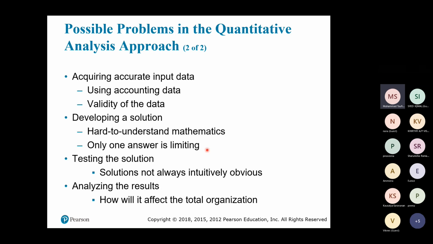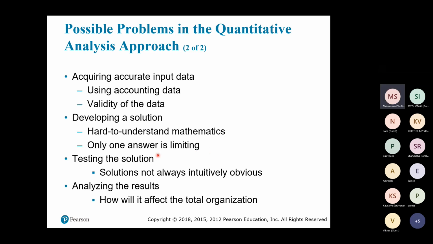So you are actually limiting yourself to only one approach. For some problems you could try another approach to see its effect, but if you only rely on the result from quantitative analysis, you will only get one solution.